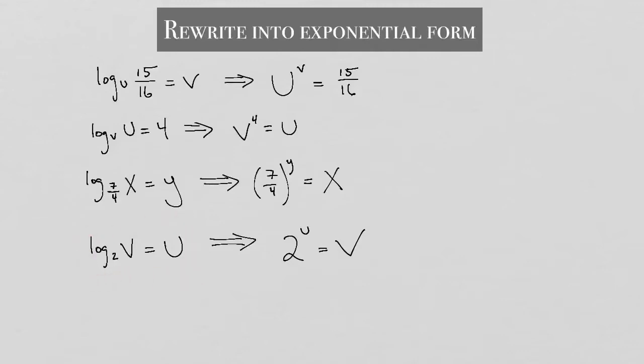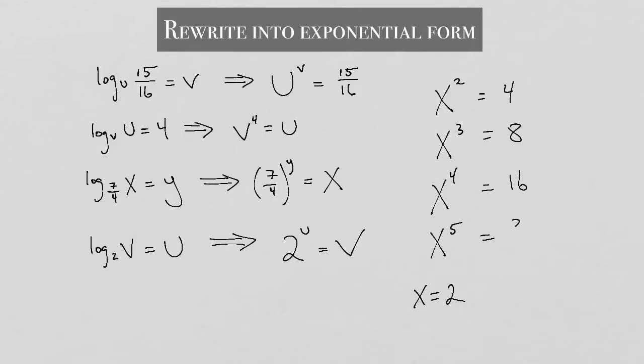The reason why we're doing all this is, as you recall from earlier in algebra, we were doing stuff with x squared, x cubed, x to the 4th, x to the 5th, and then they say, okay, x equals 2, and you go about solving these. What we're doing different now is, instead of having x, your variable, as your base, we're now putting x as your exponent.